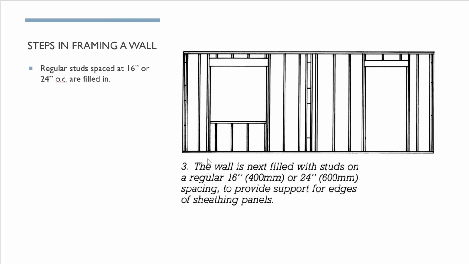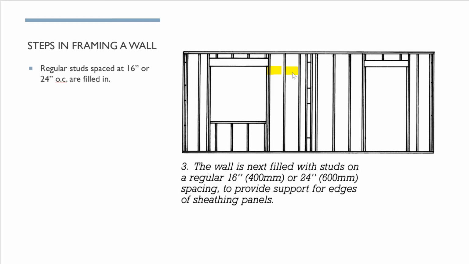So once I have my special openings framed, then I'm going to add studs that are 16 on center all the way down. Now, what you'll see in this case is that not every space is equal 16 on center. So I probably have 16 here, 16 here, but then right here, maybe I have only 8.